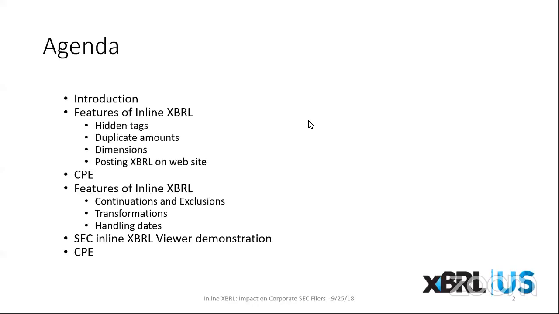We'll talk about the revised posting of XBRL on corporate websites. Then we'll take a couple CPE questions. Then we'll go back to additional features of Inline XBRL covering continuations and exclusions, transformations, handling dates. And then we're going to do a quick demonstration of the SEC Inline XBRL viewer, and then take a couple of final CPE questions.